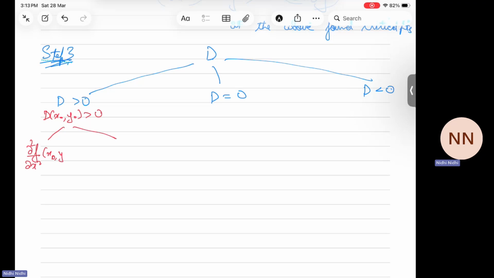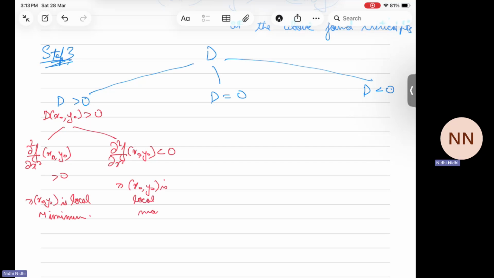If this is also positive, then we say that (x naught, y naught) is a local minimum. So it's similar to the second derivative test as we used to do in the one variable case. And if del 2f by del x square at this point is negative, then (x naught, y naught) is a local maximum.